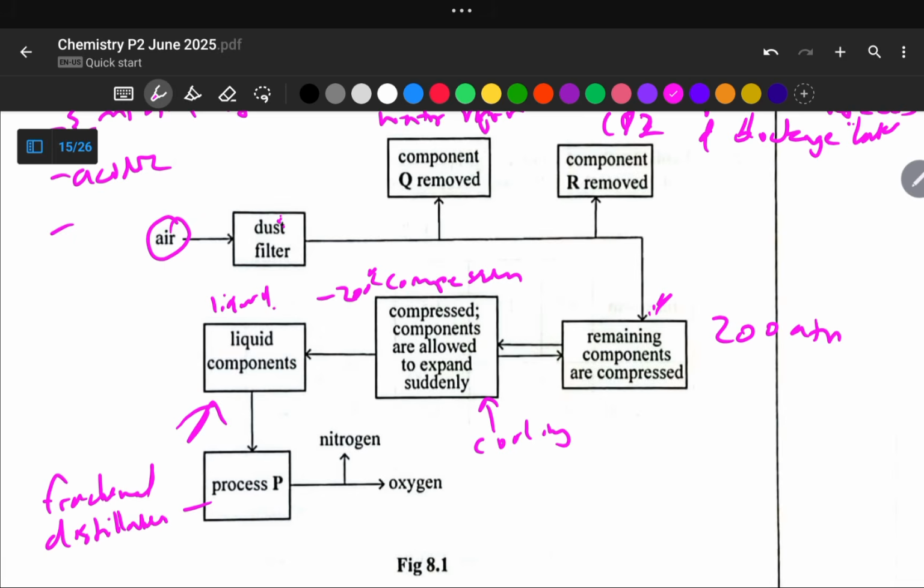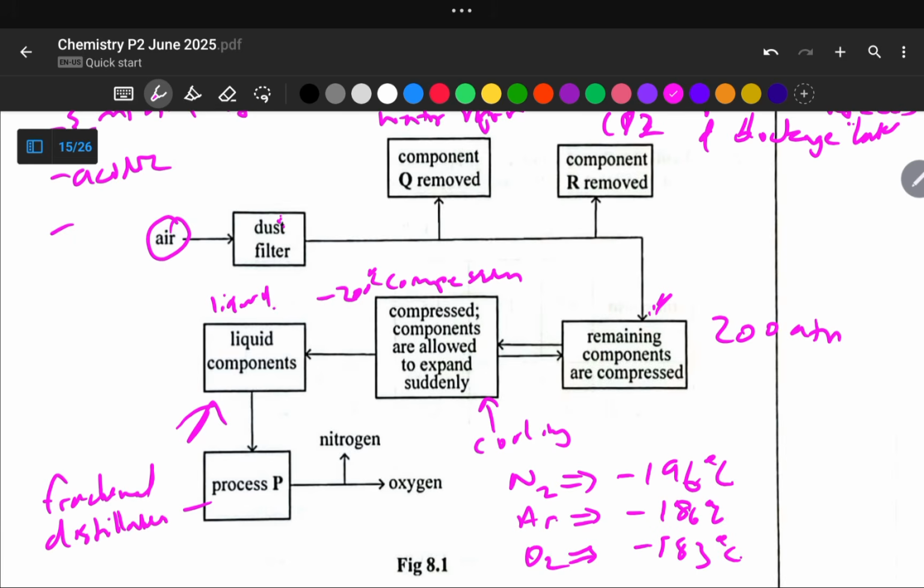You need to know that nitrogen will boil at minus 196 degrees Celsius, and then argon will boil at minus 186 degrees Celsius, and then oxygen will boil at minus 183 degrees Celsius, right?